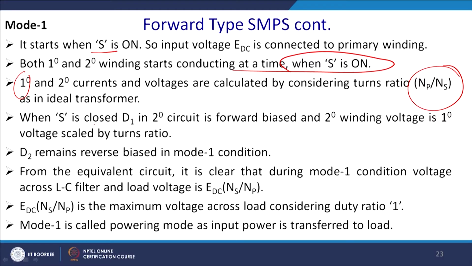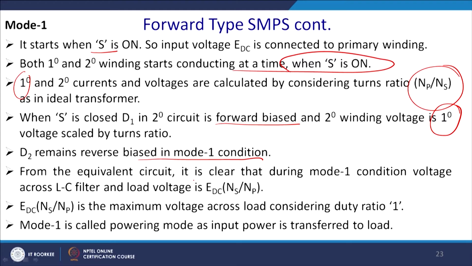When S is closed, D1 in the secondary circuit is forward biased and the secondary winding voltage is scaled down by the ratio of Np by Ns. Diode D2 remains reverse biased in this mode, because energy is flowing from primary to secondary.